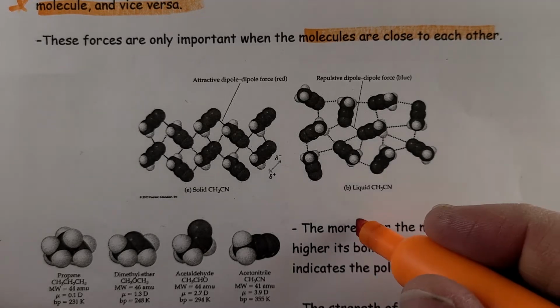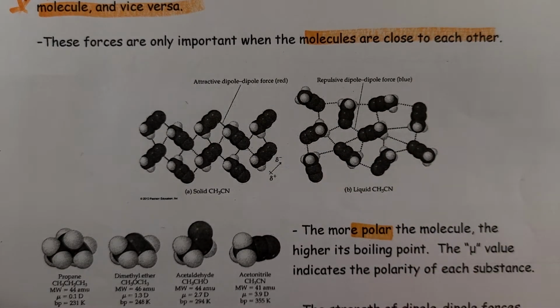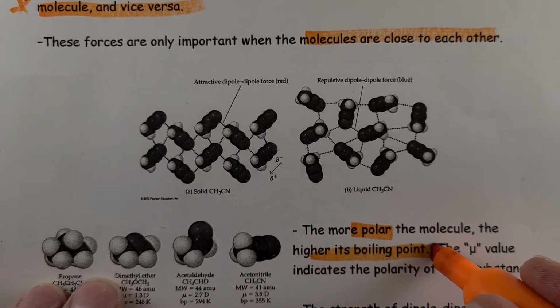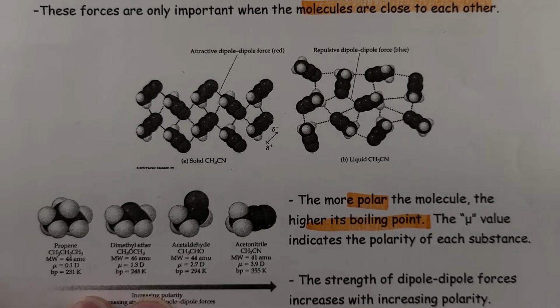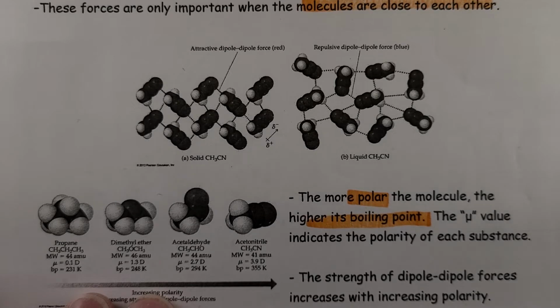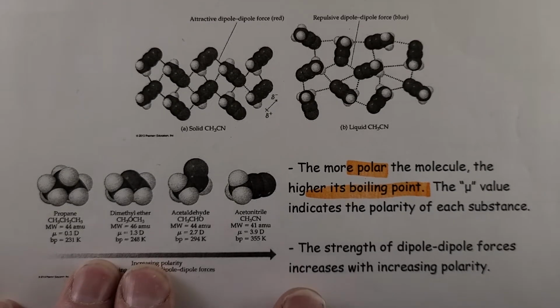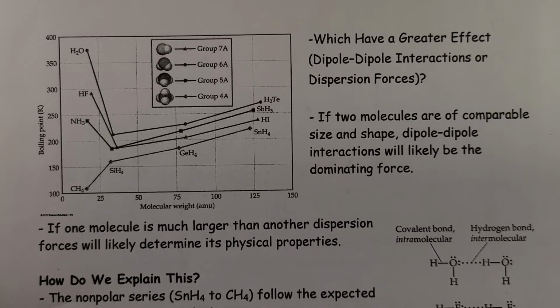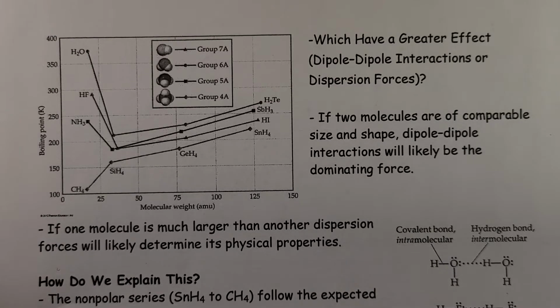So the larger the difference in electronegativity, making big polar bonds, it would have a higher boiling point because it would be more difficult to separate them when going from a solid to a liquid or from a liquid to a gas. The strength of the dipole forces increases with increased polarity, obviously. So that's pretty easy to understand. A permanent dipole, obviously there'd be an attraction.